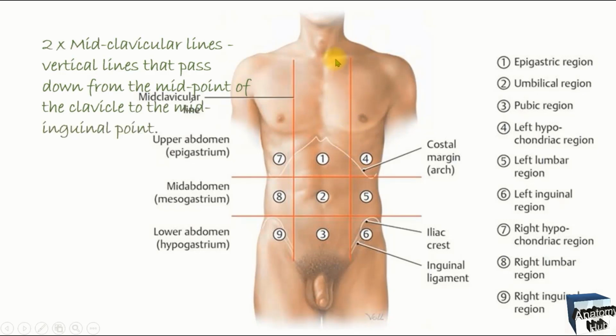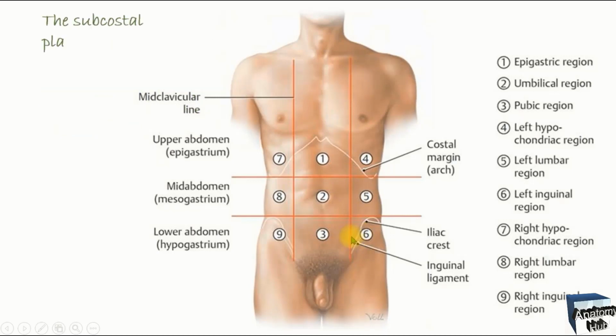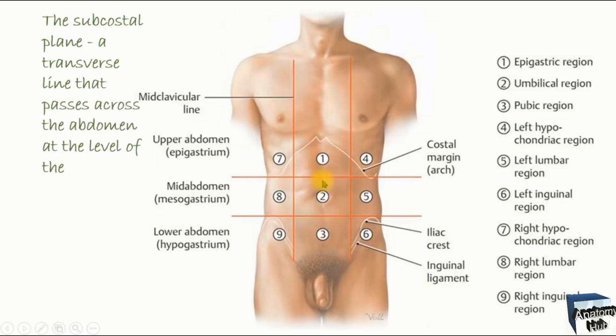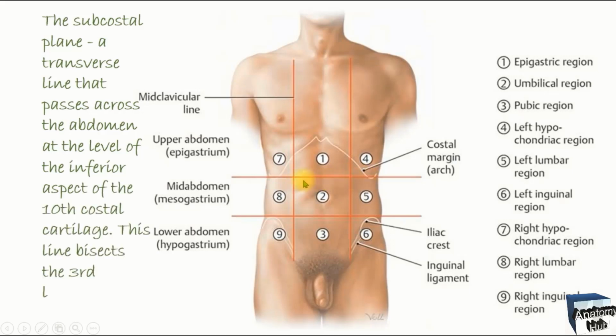You can say the mid inguinal point, and the subcostal plane, or you can say the transverse line, or you can say the transpyloric line that you'll find over here.